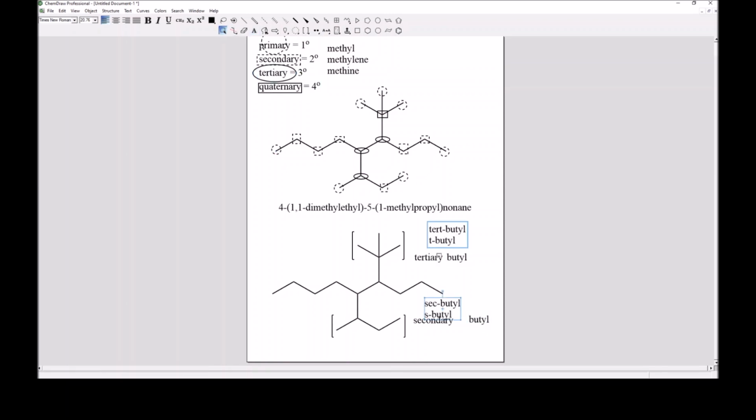And so what this does is it gives us a different way of naming this compound. I said that this name right here is one correct name for this compound. But if we use these common names, then there is an additional correct way of naming this one. So if we put all those pieces together now, we're going to show you what the second name looks like. Let me just clean this up a bit.